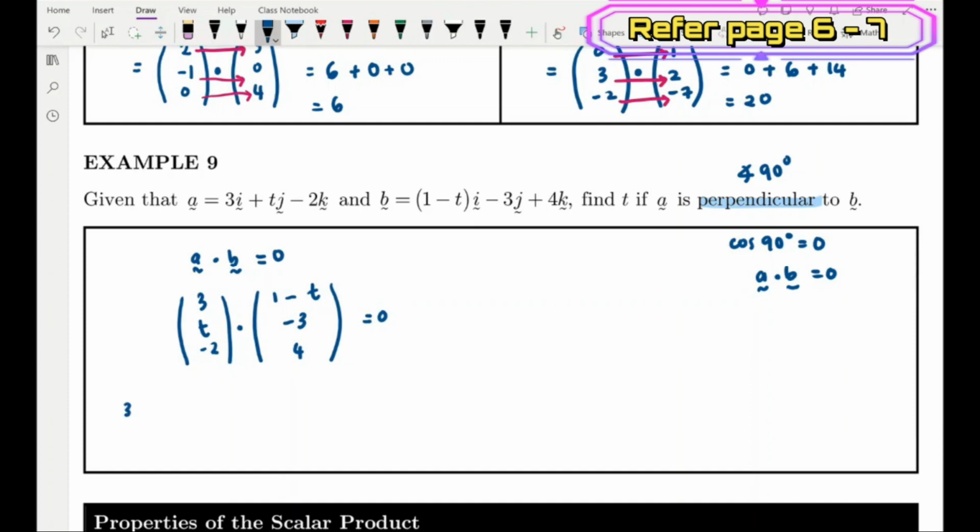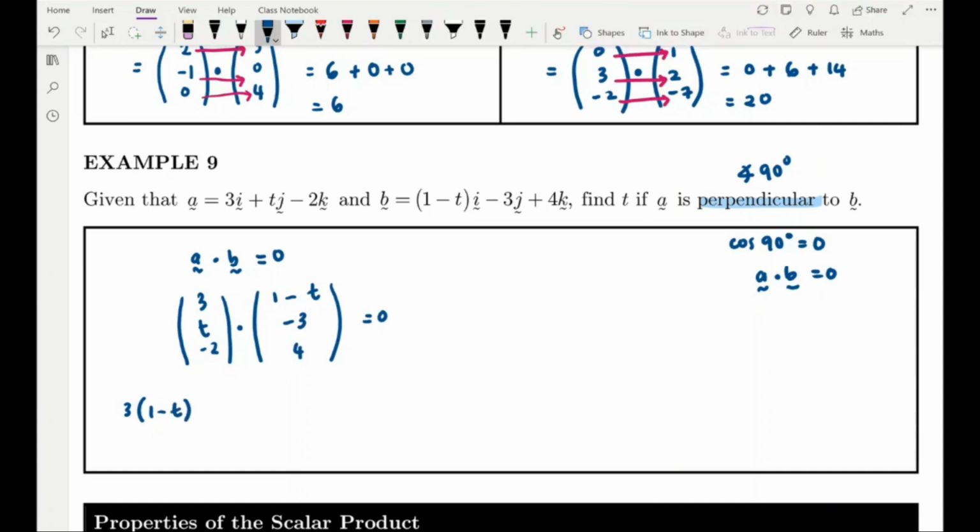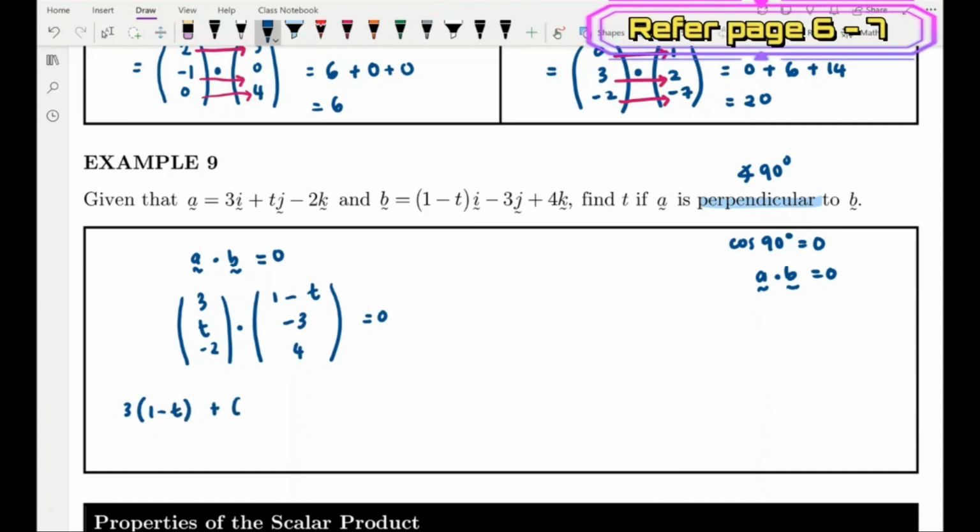So we have 3 times 1 minus T, plus negative 3 times T, plus negative 2 times 4, equal to 0. We just expand.